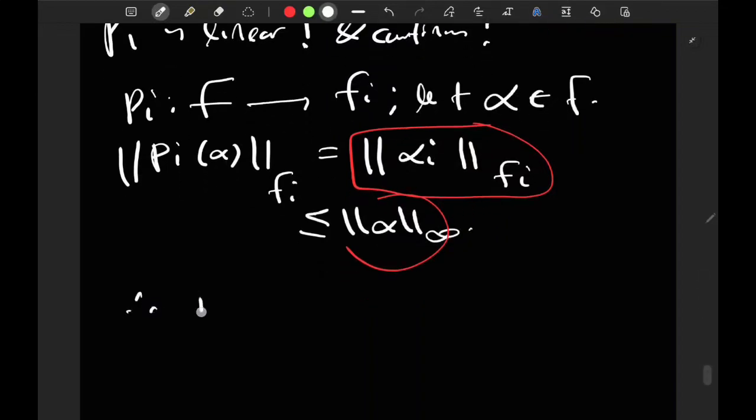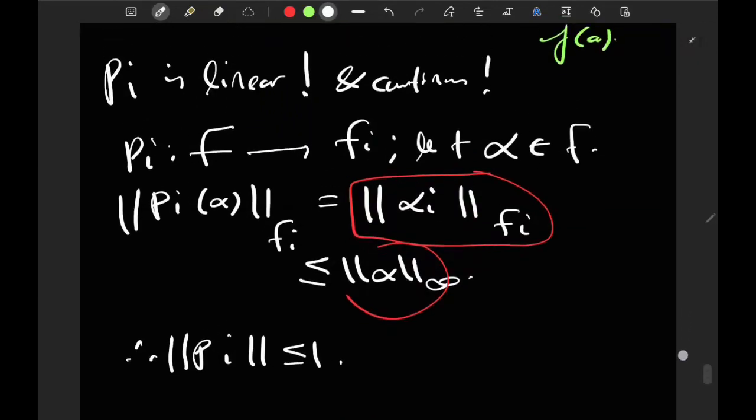So therefore π_i has norm less than or equal to 1 as a linear map.